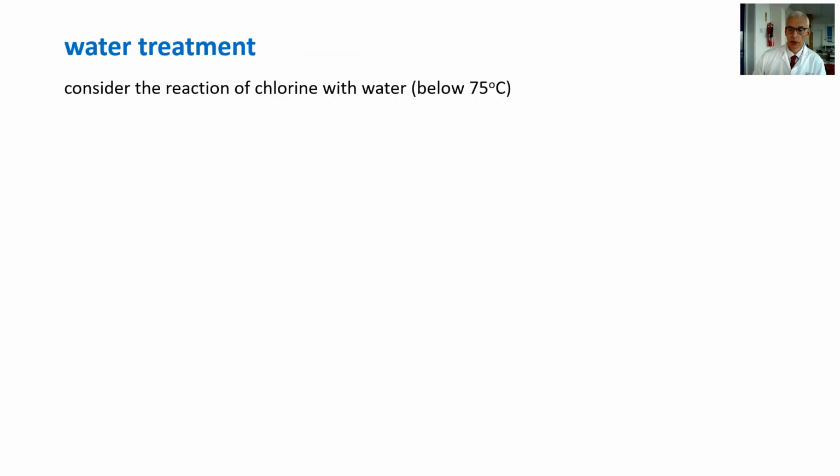So let's move on to looking at how water supplies are made safe to drink. Central to that is the reaction of chlorine with water. There are in most textbooks more than one equation for that reaction, but OCR A specification is very particular. It's cold water only, for which this is the reaction equation.